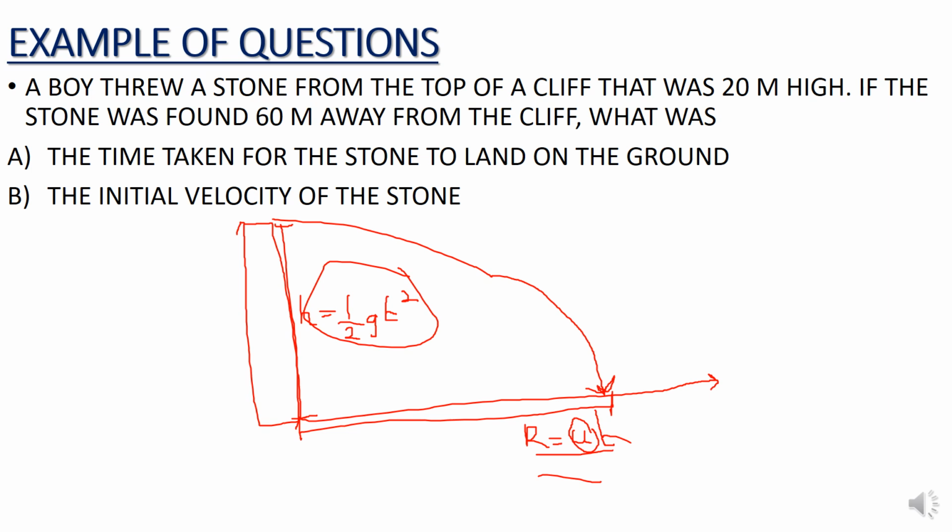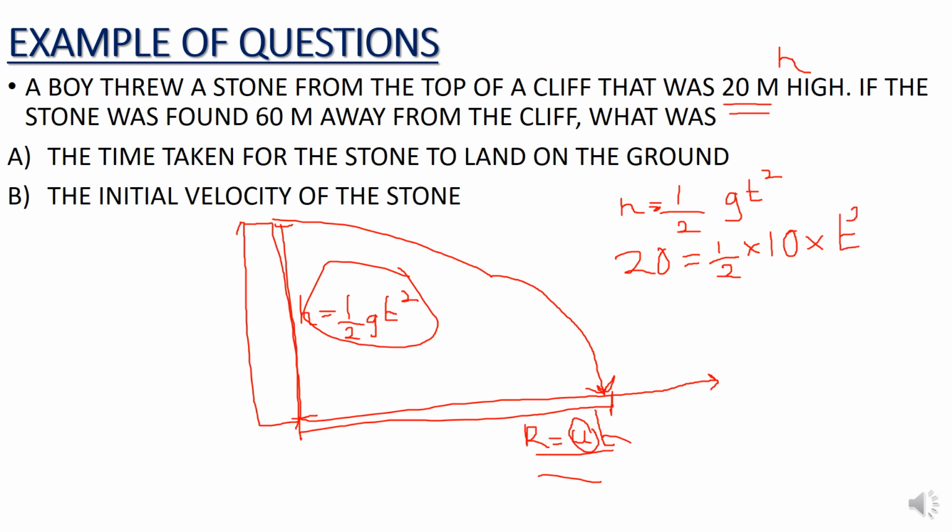So here we are told that the height of the cliff was 20 meters. That means we can substitute here: since height is equal to a half gt squared, and the height was 20 meters, 20 meters will be equal to a half times gravity, which is always 10, times t squared.